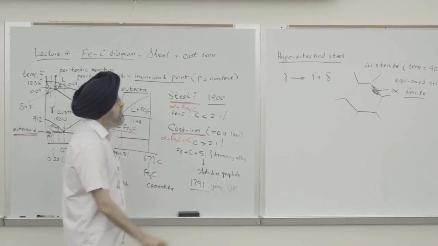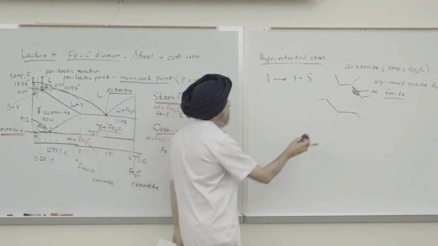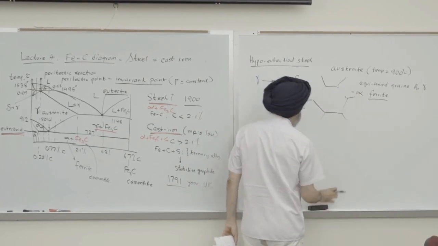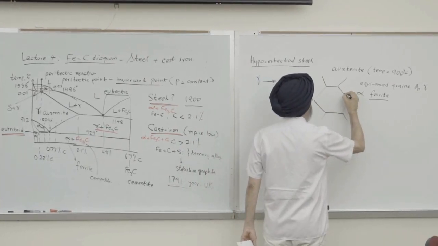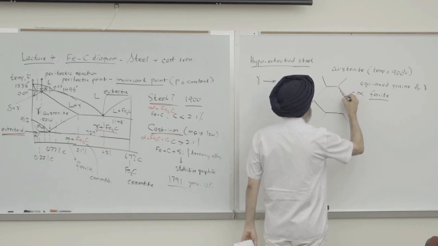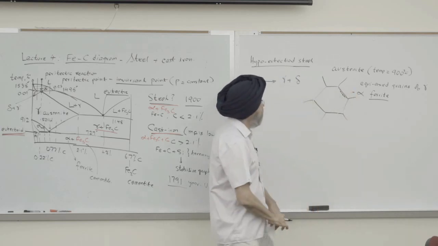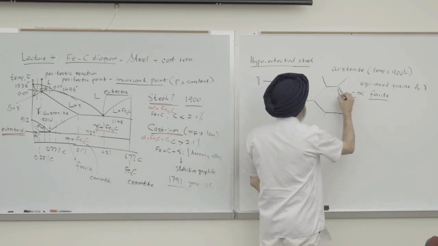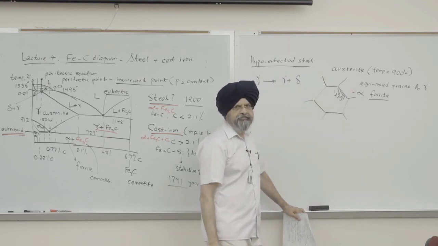Okay, so this ferrite doesn't precipitate like this. It precipitates differently. It'll decide to precipitate on one side of the boundary, not the other side. So it'll keep growing on this side, and nothing will happen on the other side.